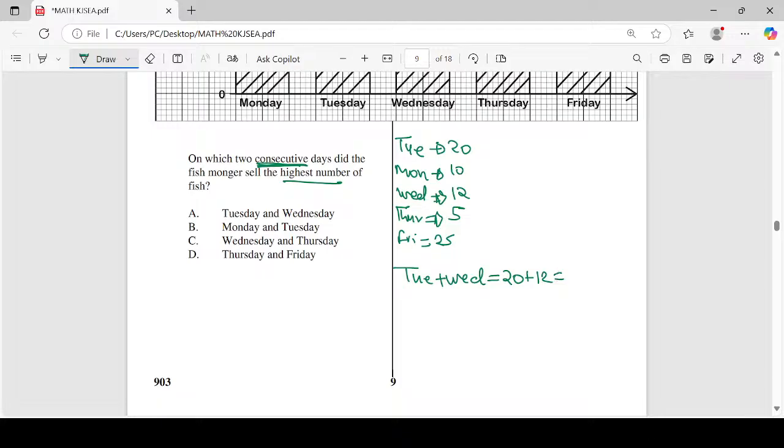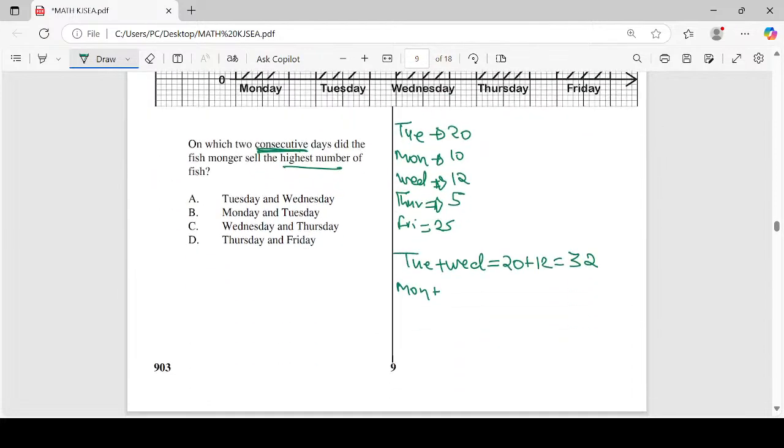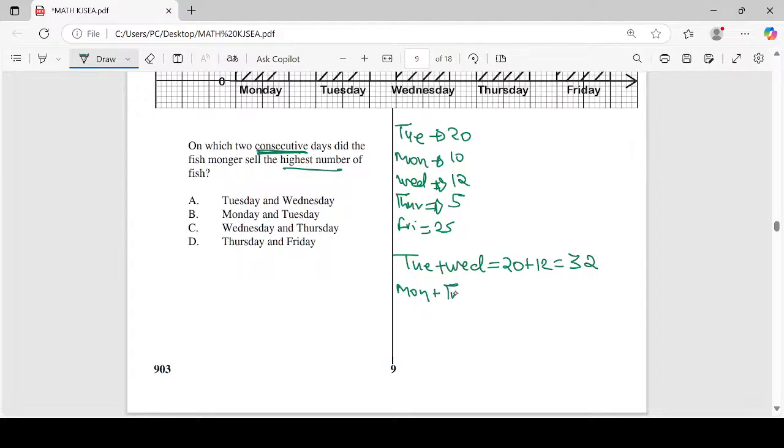So this gives me a total of 32. Let's look at Monday and Tuesday. When I add the number of fish on Monday and on Tuesday, Monday we had 10, Tuesday we had 20, so this gives you 30.